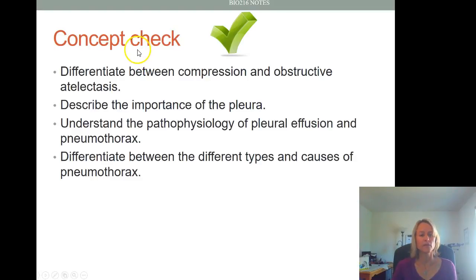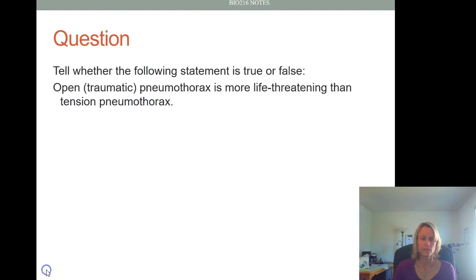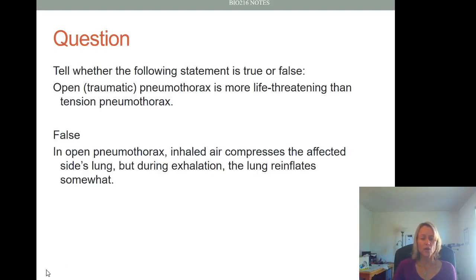Okay, once again, you'll want to review the concept checks. Tell whether the following statement is true or false. An open or traumatic pneumothorax is more life-threatening than a tension pneumothorax. Let's think about that. The answer is false. Because in an open pneumothorax, inhaled air compresses the affected side's lung, but during exhalation, the lung reinflates somewhat.